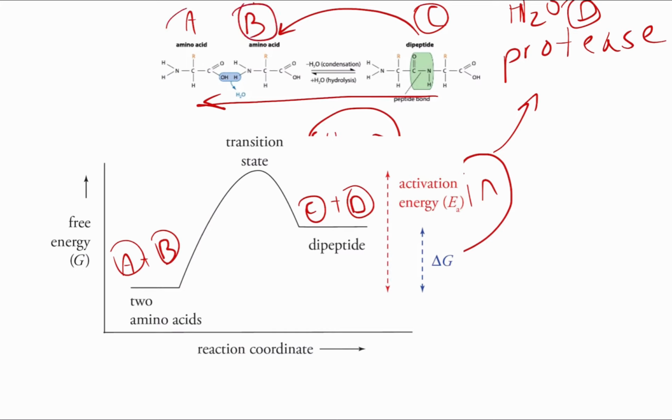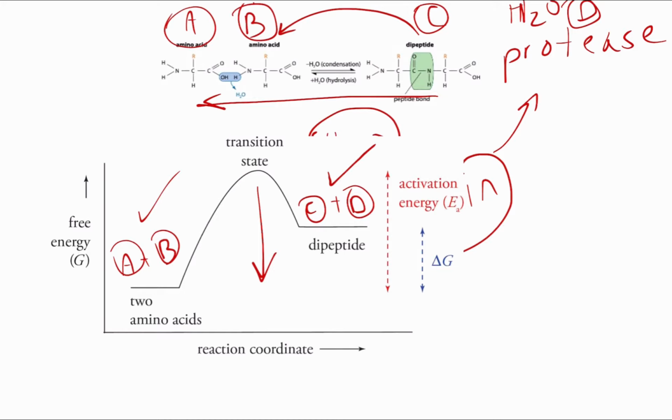So again, the energy that's required for the formation of the reactants, which is A and B, is lower than the energy needed to form the products, right? So again, the formation of the products is energetically unfavorable. It's high energy, but going from the products to the reactants is a lower energy, especially with the use of pepsin, which is our enzyme, which again lowers the activation energy.